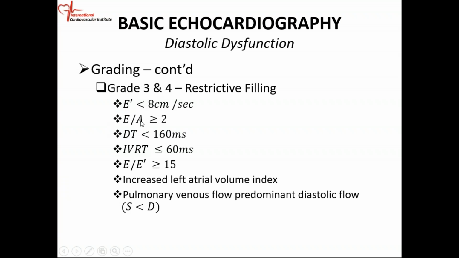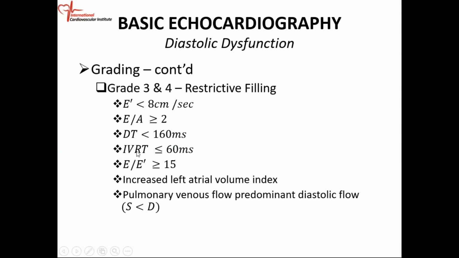The E to A ratio, mitral inflow, greater than 2, E prime small, less than 7 or 8 centimeters per second, deceleration time less than 160 milliseconds, IVRT less than or equal to 60 milliseconds, and then you're going to have very large left atrial pressures.